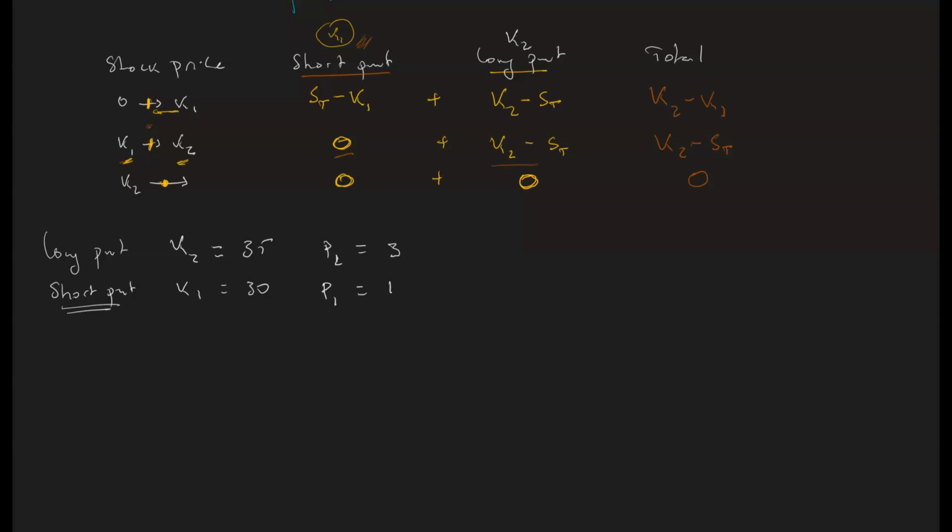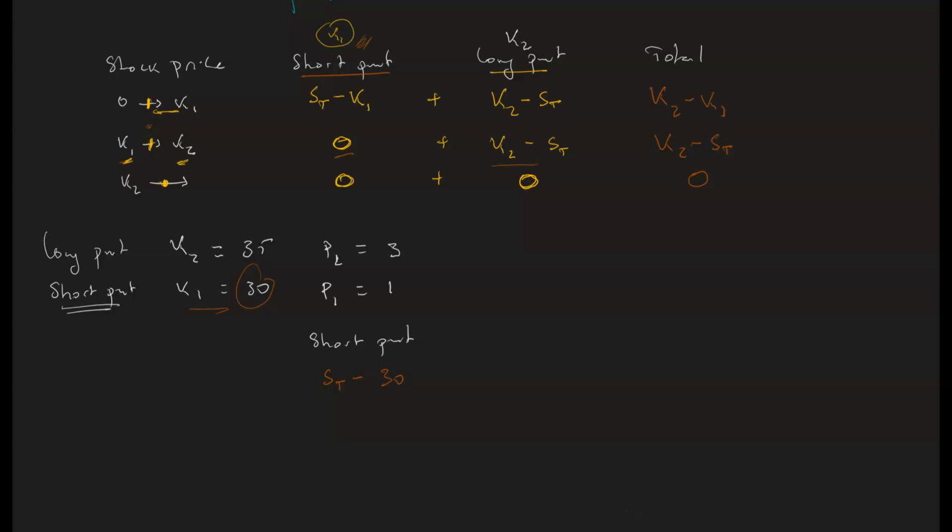Now, what is the outcome in this case? Well, this is what we're going to have. On our short put, our outcome can be the stock price, that's ST, minus the strike price, that's K1, that's 30.